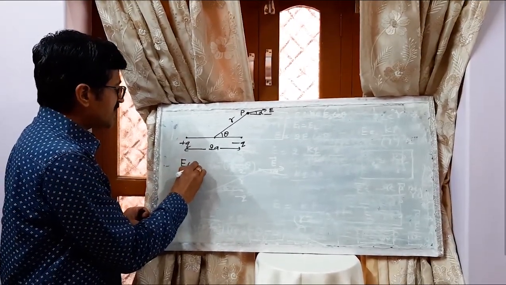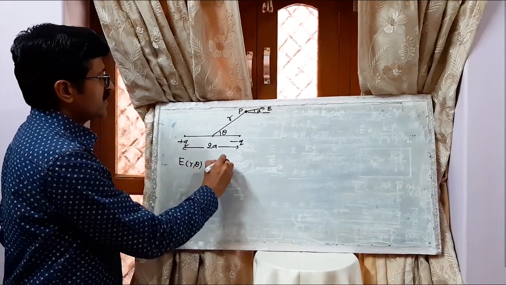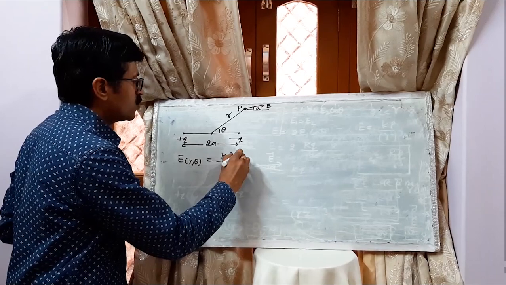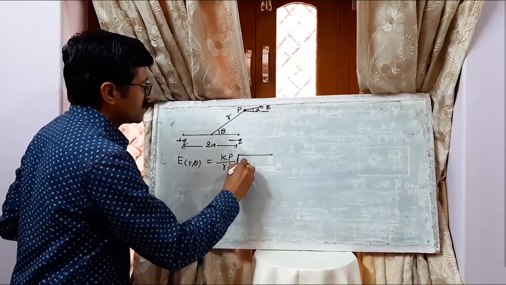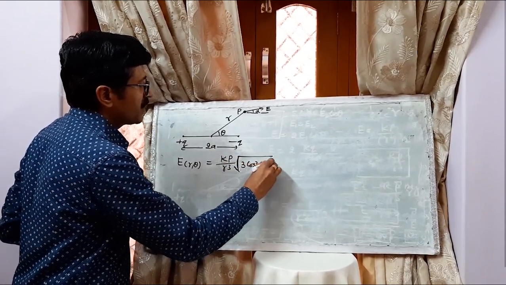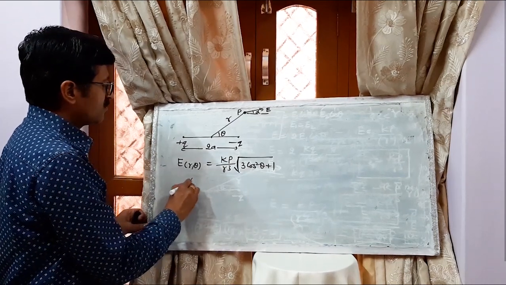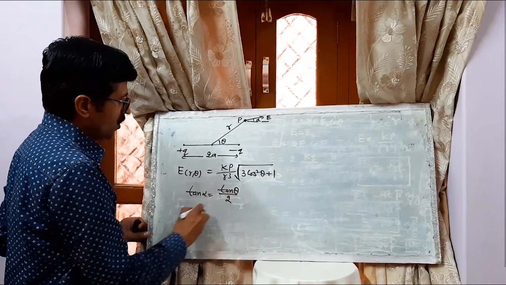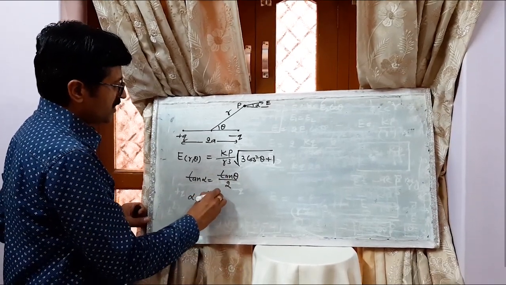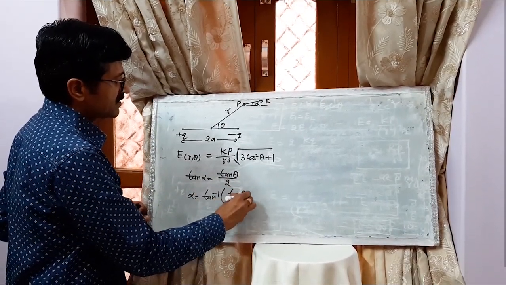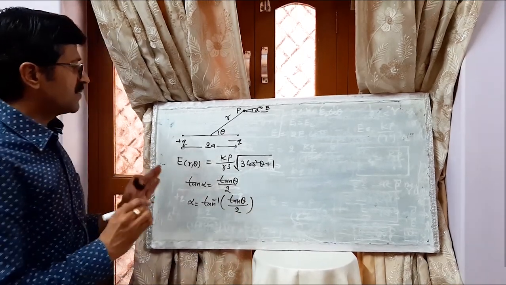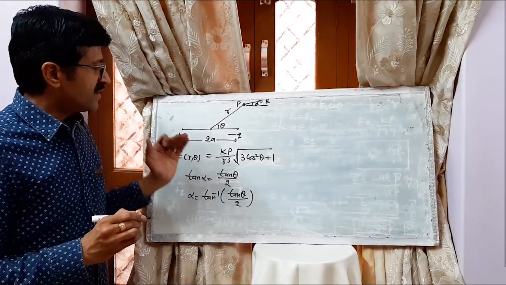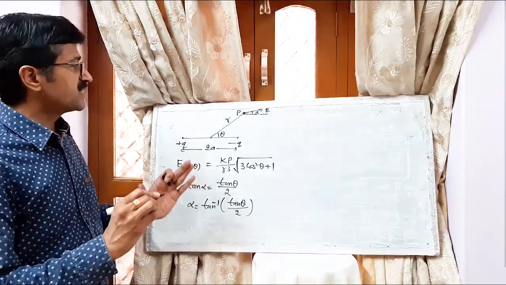Electric field intensity at r comma theta will be kp upon r cube, P is dipole moment, square root of 3 cos square theta plus 1, and tan alpha is equal to tan theta upon 2, or alpha will be equal to tan inverse of tan theta upon 2. This is about electric field intensity due to an electric dipole at any point r comma theta.